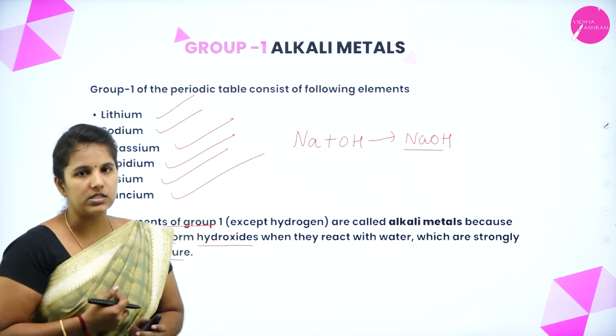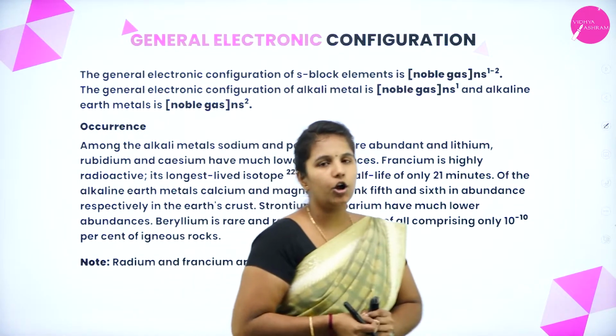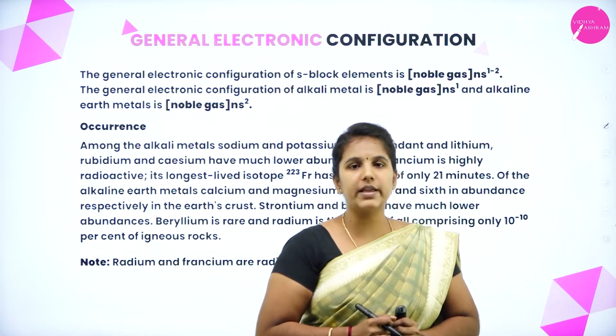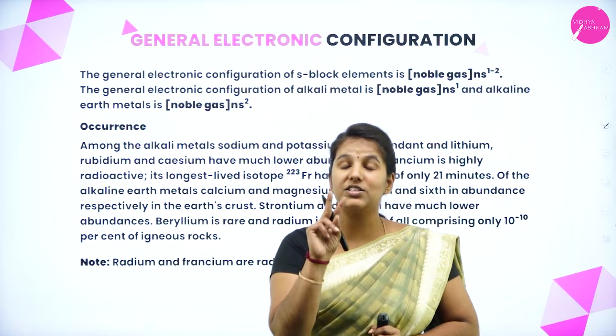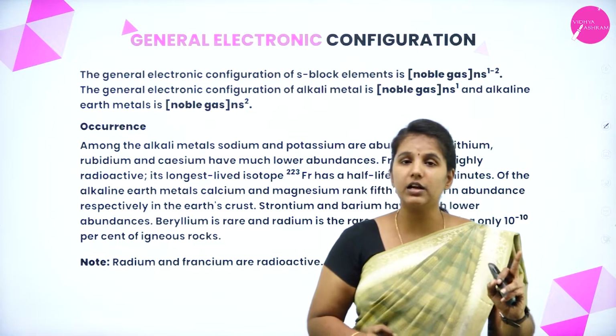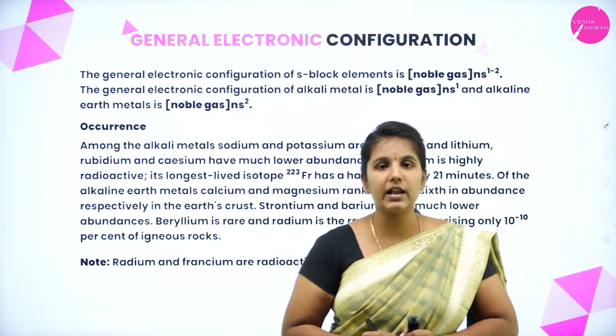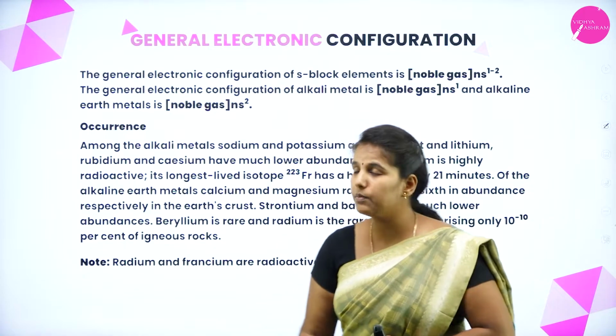Alkali metals. Coming to the general electronic configuration. Already I have explained that the S-block elements consist of group 1 and group 2, and in these two groups the last electron enters what? The s orbital. That is why they are named S-block elements.